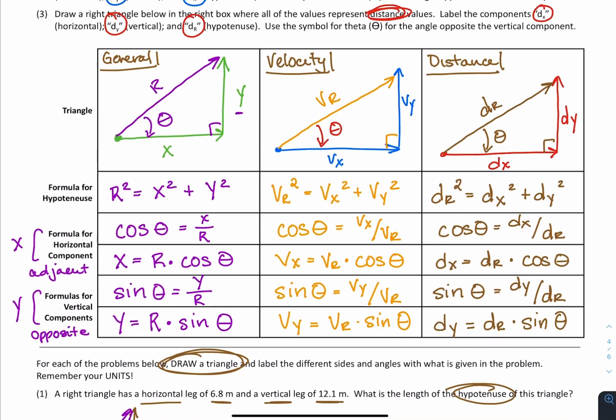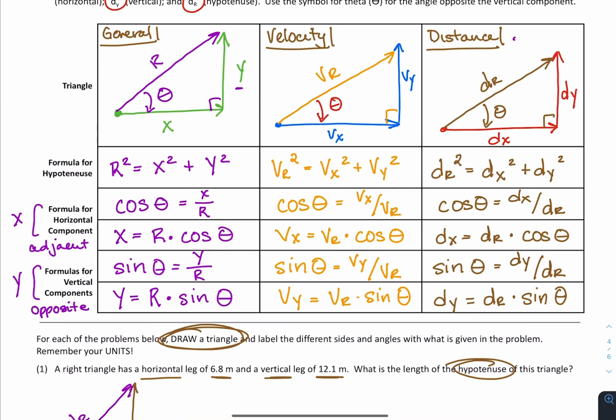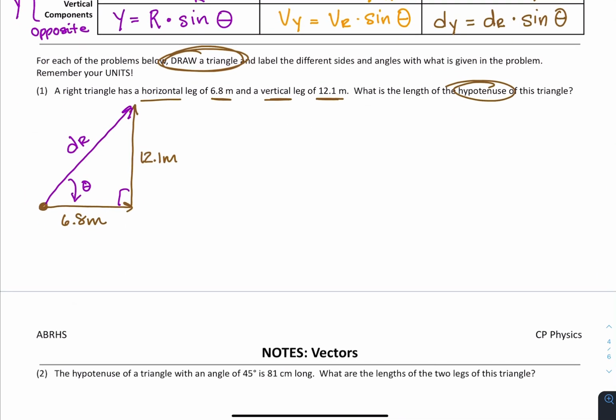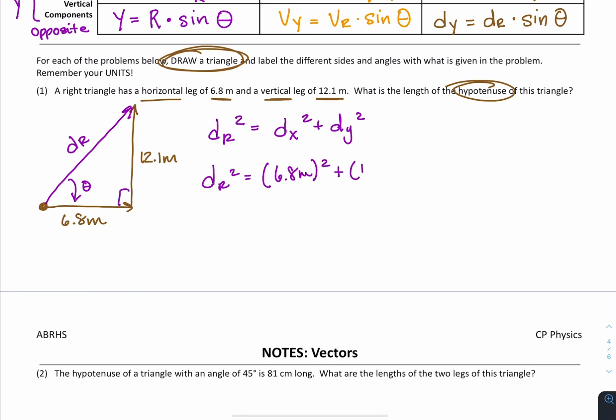So if we go back up and look at our distance triangle, we can see that if we want to find the hypotenuse, we need to use Pythagorean's theorem. So dr squared is going to be equal to dx squared plus dy squared. So dr squared equals 6.8 meters squared plus 12.1 meters squared.